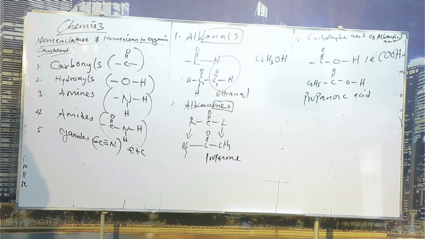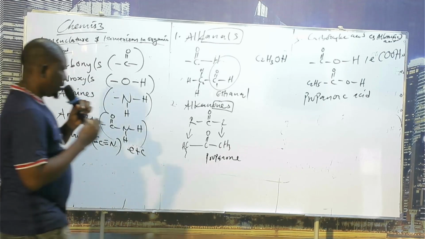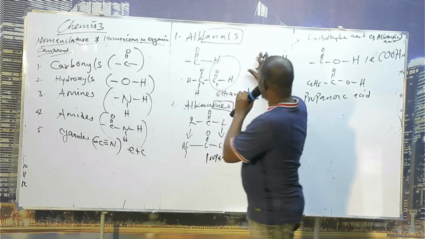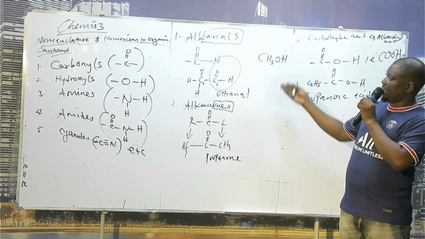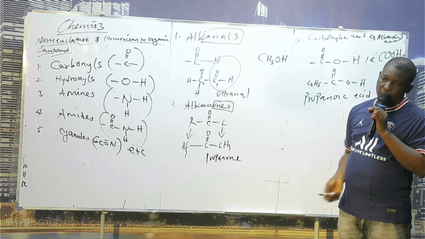Somebody is giving me C2H3OH. Is this an alkanal? OH, what is that? That should be alcohol. But that's not even correct for alcohol. I don't know where the person got the formula from. If you want to do that, it could have been CH3OH, so that the name is now methanol.